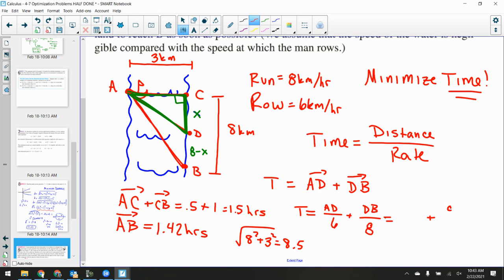DB is 8 minus x. Let's figure out AD using Pythagorean. Well, x squared plus 3 squared equals AD squared. So the square root of x squared plus 9 is AD.